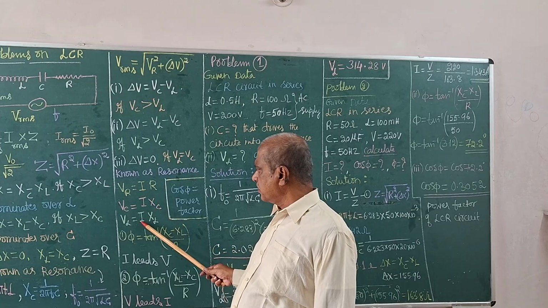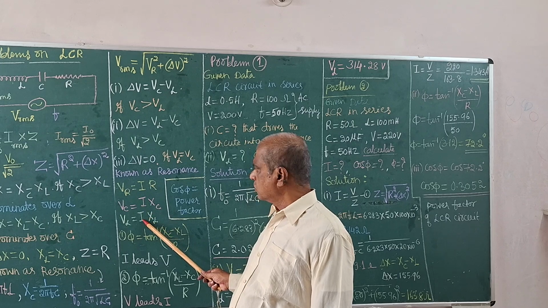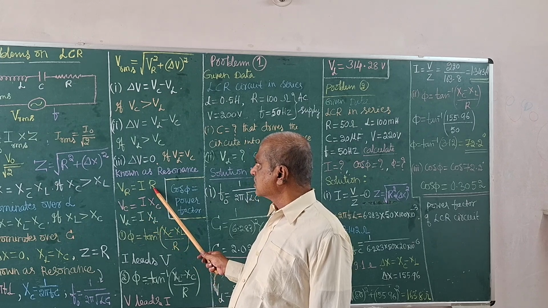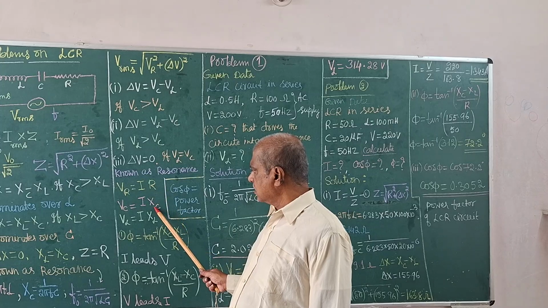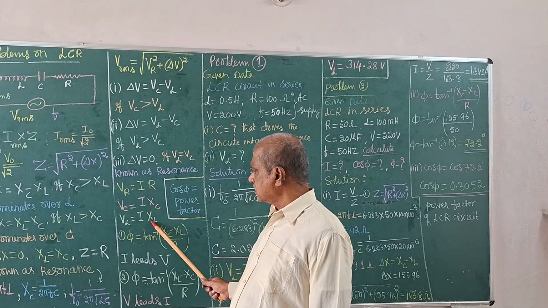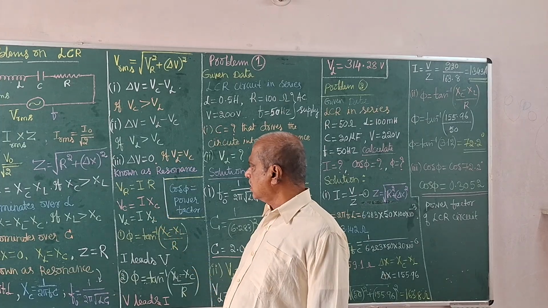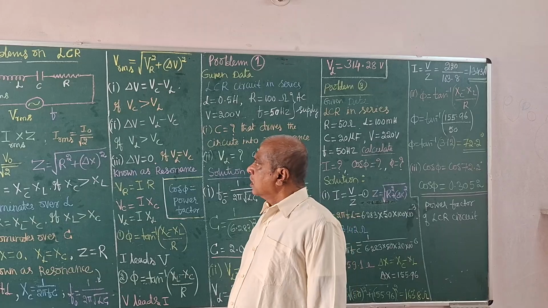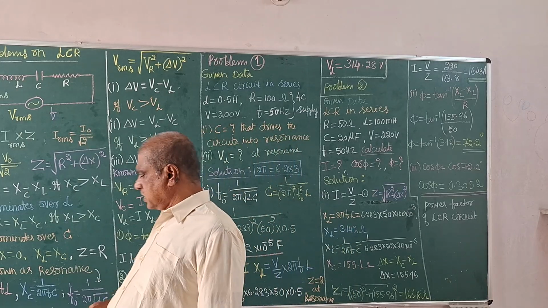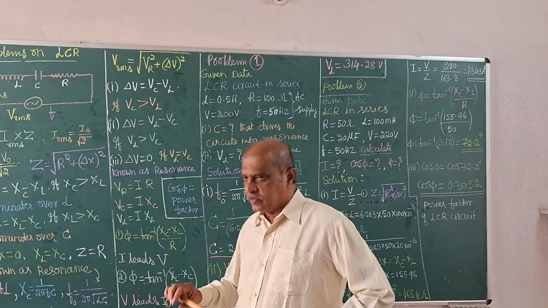The current remains the same in all the voltage drops, and the corresponding resistances are: this is R for the resistor, this is the resistance of the capacitor, this is the resistance of the inductor, and these are the definitions of voltage drops. And in case of LCR, there is a phase difference, an angle of phase difference between the current and the voltage.